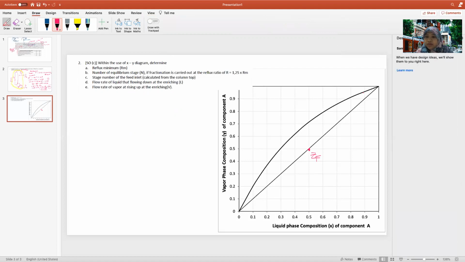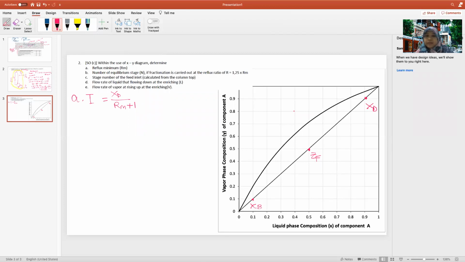And for example, this is XD there, and we have XB over here. To find the minimum reflux, we need to find the intercept, which is XD divided by Rm plus 1. Okay, what else is the information that we need to put into the graph?